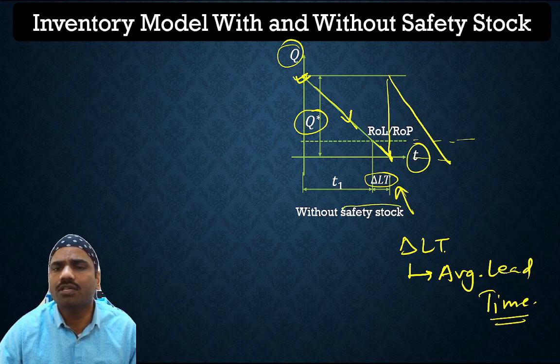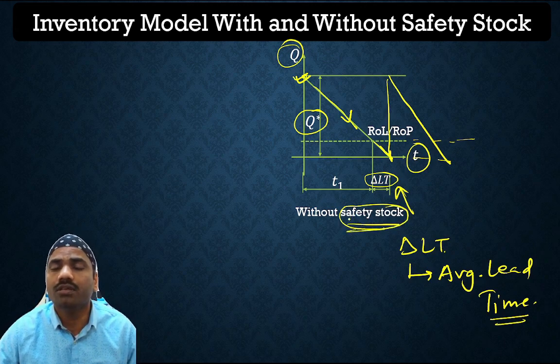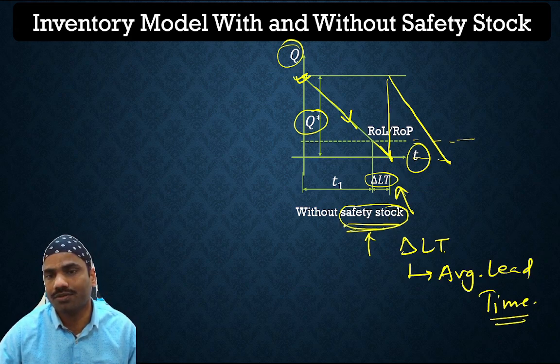So here we don't have any safety stock. We are not maintaining any minimum requirement of stock for any worst condition, or if something goes wrong in the future. We are not making any factor of safety, or we can say safety stock.